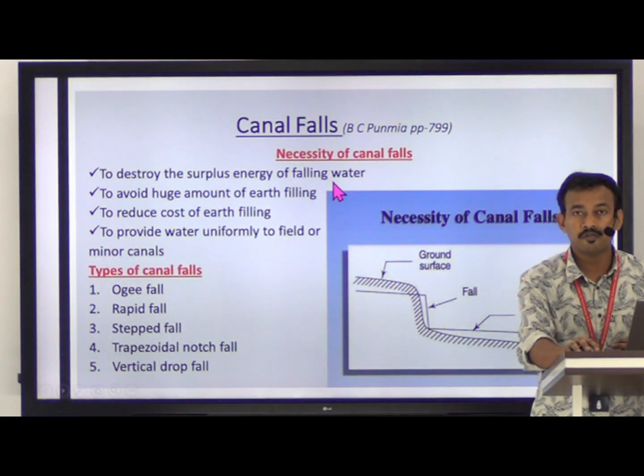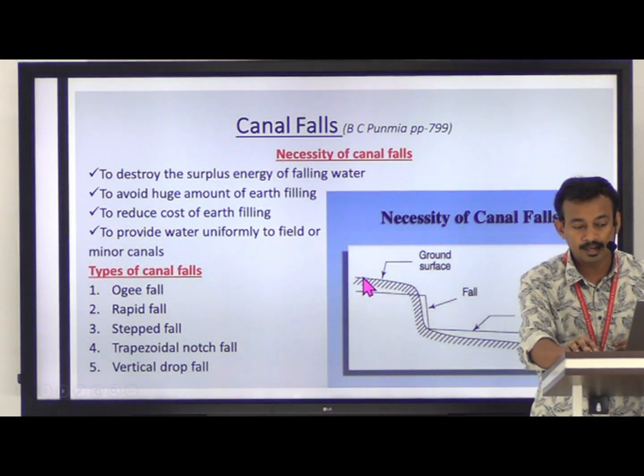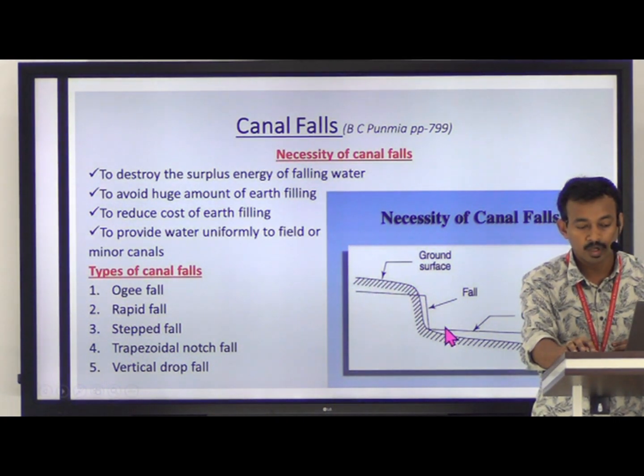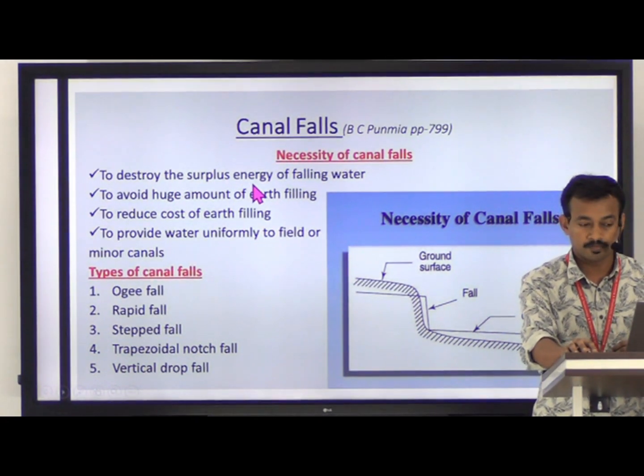The condition of falling water arises when there is a high elevated ground and the canal has to pass from the high elevated ground surface to a lower elevated ground surface. At this condition, a fall or canal drop is required in order to destroy the surplus energy of falling water.